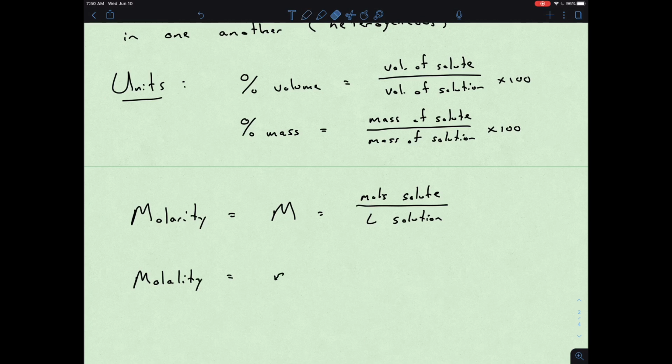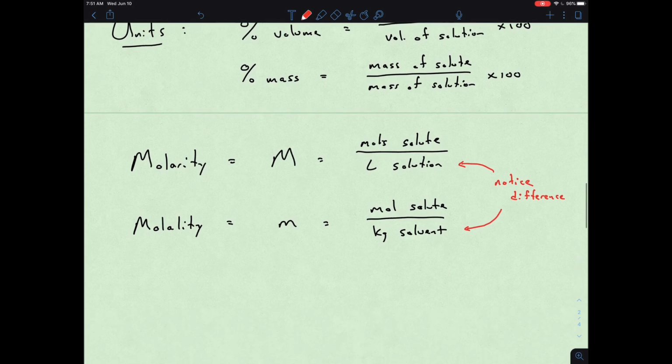Molality is little m, and while the numerator is the same, notice that the denominator is different. Right, in one case it's liters of solution with molarity, and in the other case it's actually kilograms of solvent. So not only is the unit changing, but also what the unit is describing is changing.